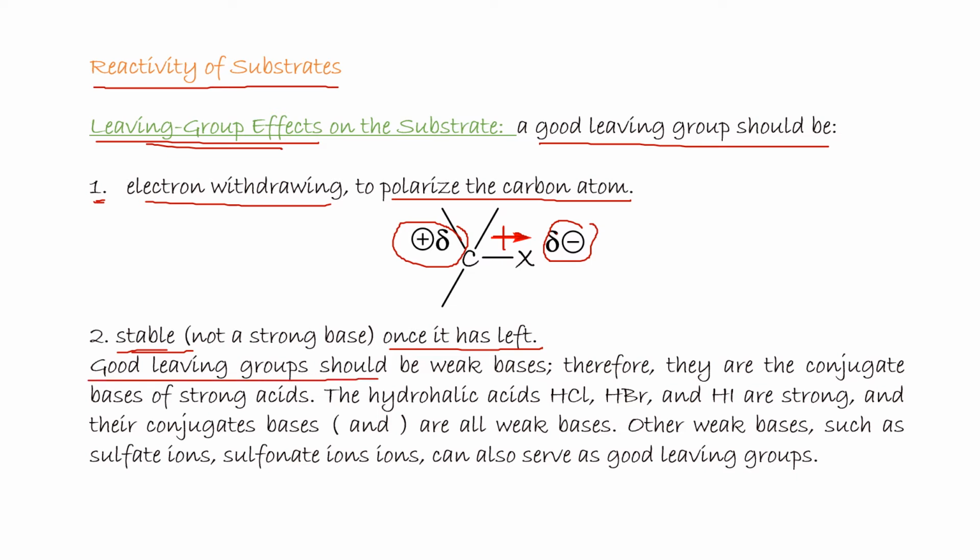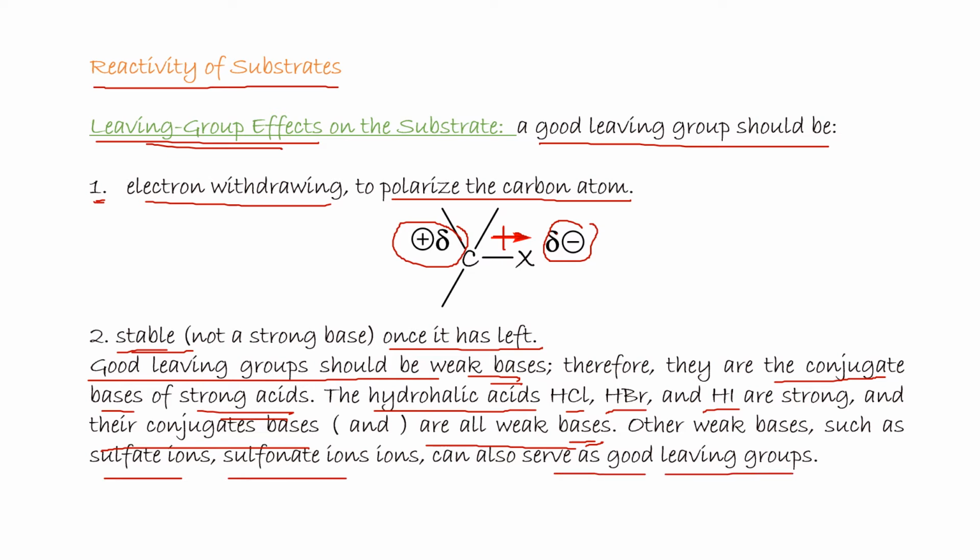A good leaving group should be a weak base. Therefore, it is the conjugate base of a strong acid. The hydrohalic acids like HCl, HBr, HI are strong, and their conjugate bases are all weak bases. Other weak bases such as sulfate and sulfonate ions are also good leaving groups.